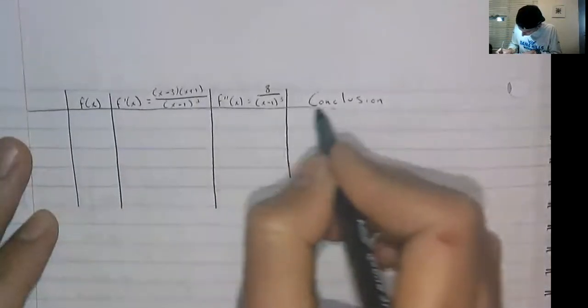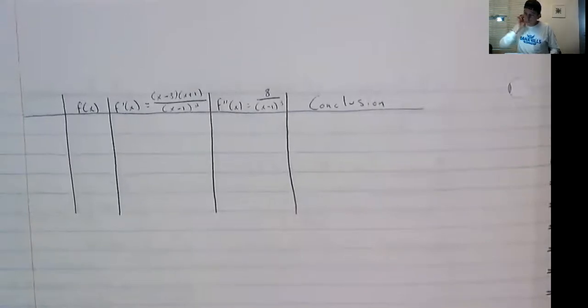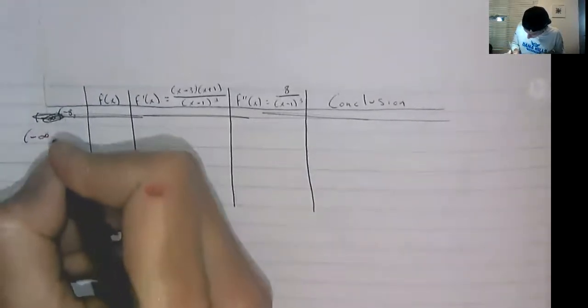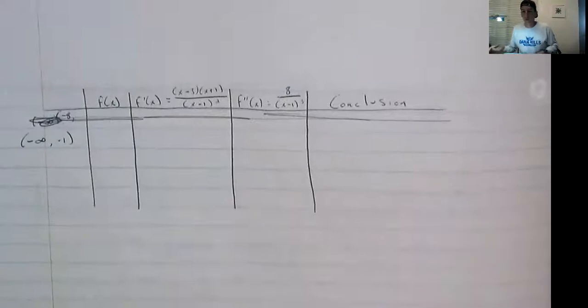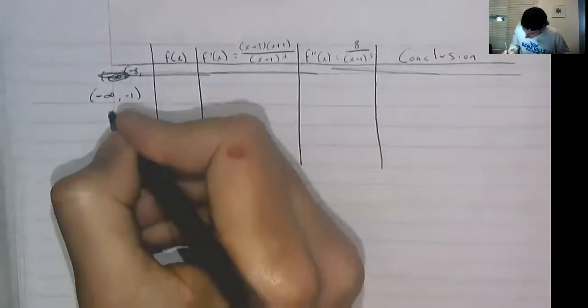Let's see if we can make some sense of how this thing is behaving. So the intervals we're going to look at, we're going to go from negative infinity to, negative infinity, wow, let's just start this over. Negative infinity, thank you, to negative 1, the first critical point of our first derivative. We're then going to see what happens at negative 1.